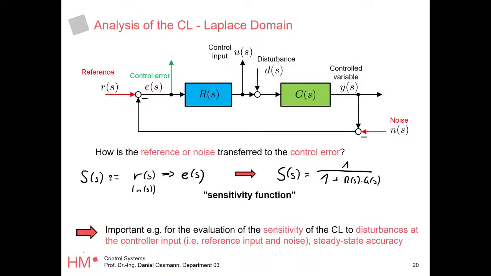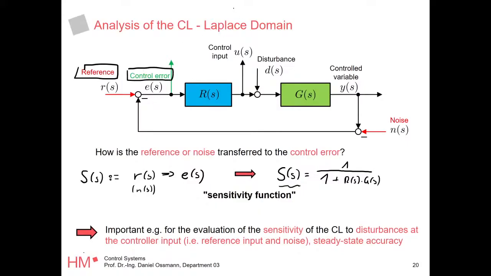So what we are doing here, we are just looking at the transfer function, right? I did not discuss any input signals. Obviously, if you say, okay, let's take this S here, and this S gives you the transfer from the reference signal to the control error, right? This is the definition of this S here.